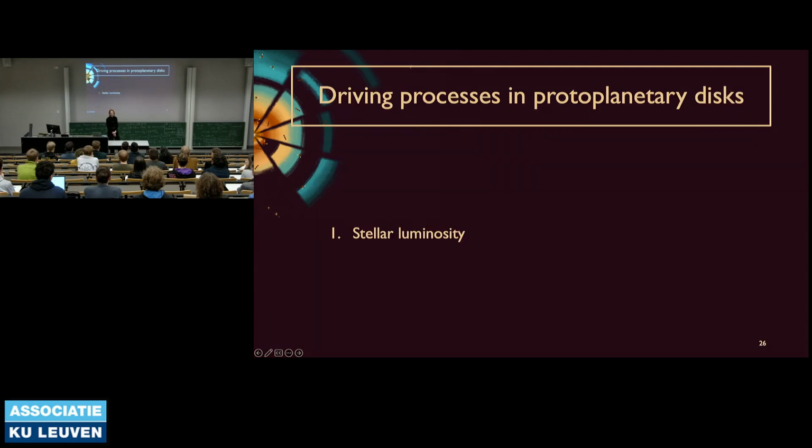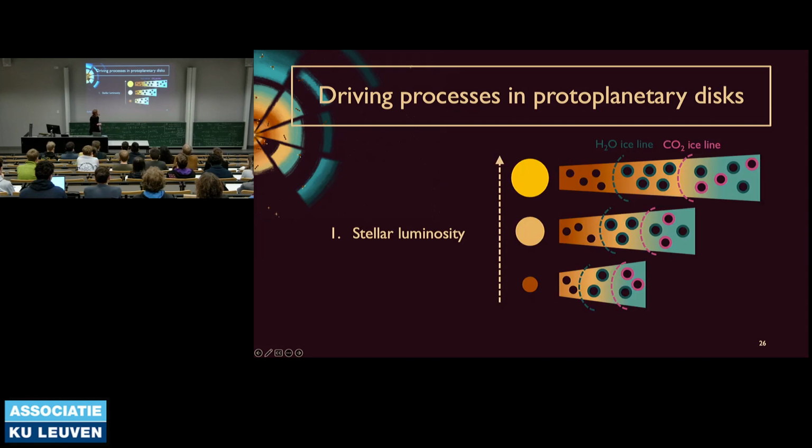There's a couple of driving processes that dictate what a protoplanetary disk will look like or what the emission will look like. And one of these is stellar luminosity. So if we go up in stellar luminosity here, because basically the irradiation is less, the temperatures are a bit lower. So this means that here, the lines where the ices on the dust become gas move inward, right?